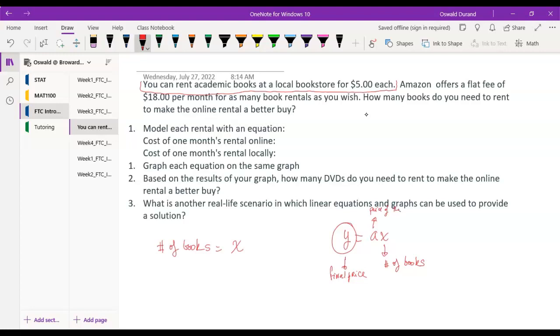So basically, your equation should be y equal to 5 times x.